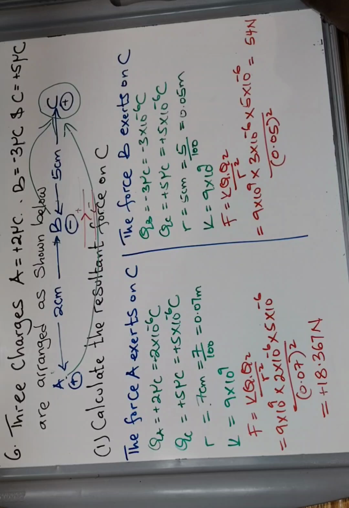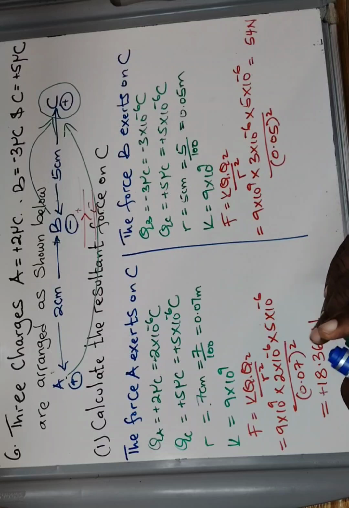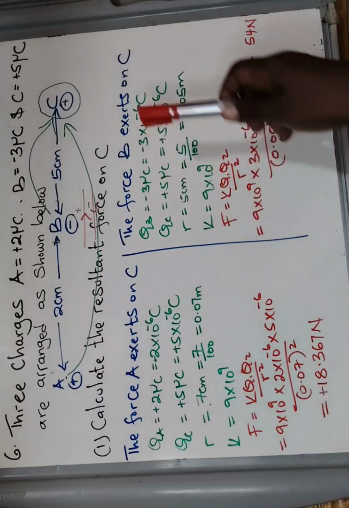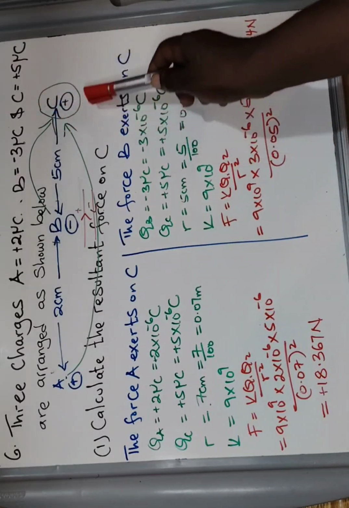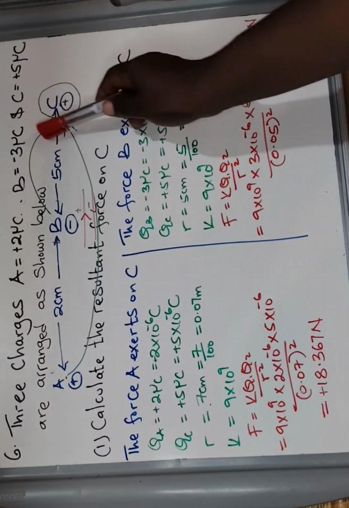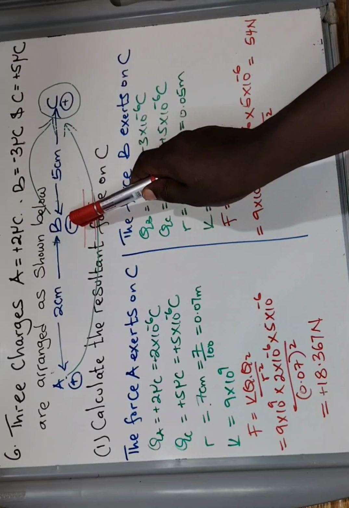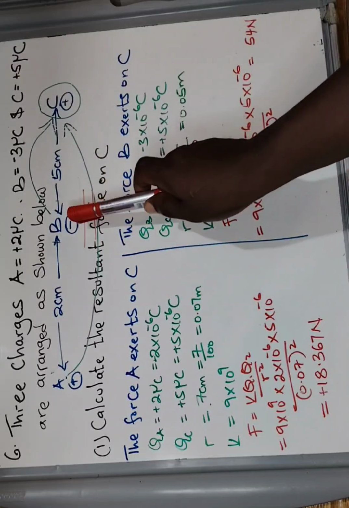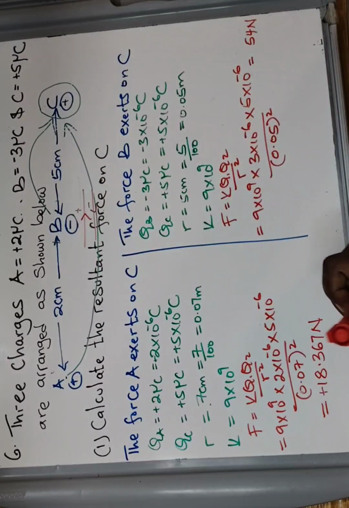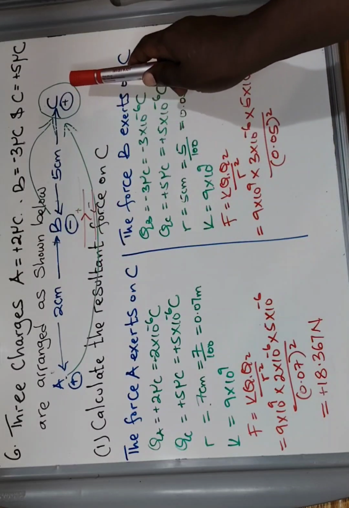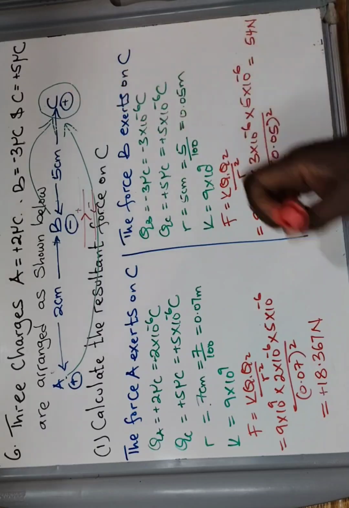Okay. Then what is the next part? Find out whether it's positive or negative. We have to remember that it is the charge whose net force you are calculating which is going to move. The other one is stationary. So where will C go? We have to remember that B is negative and C is positive.